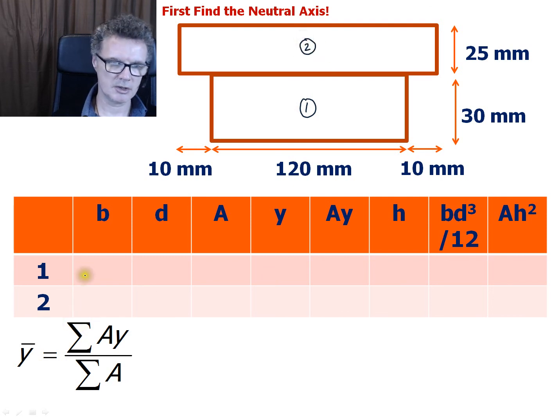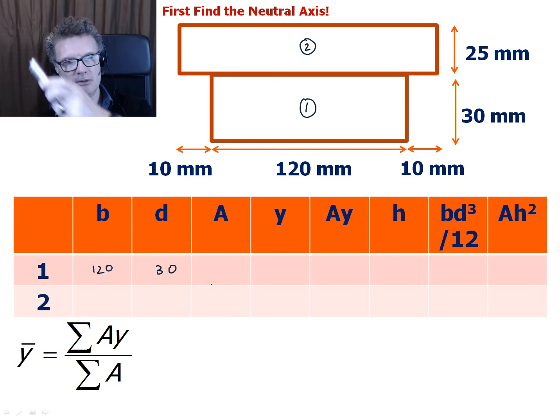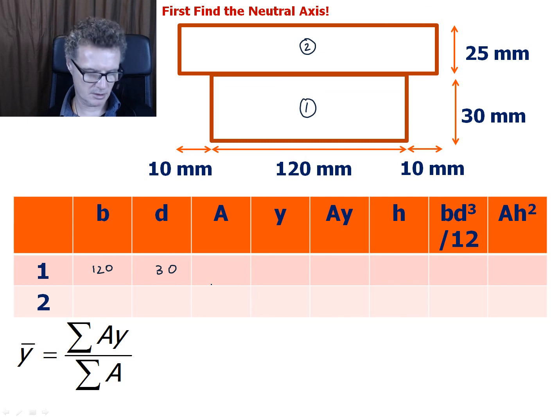Okay, so the lower section has a width of 120, a depth of 30. I'm going to get my calculator out. 120 times 30 is 3600.